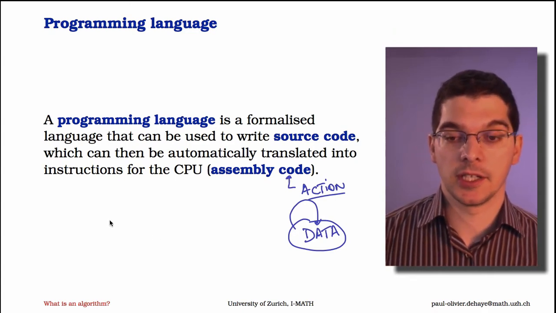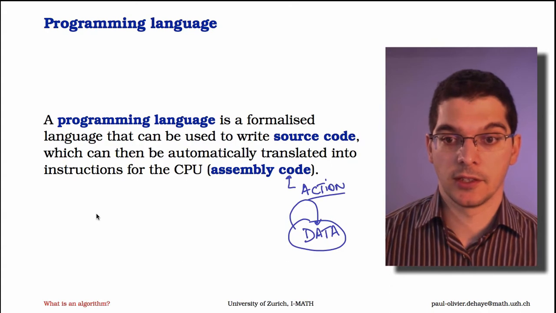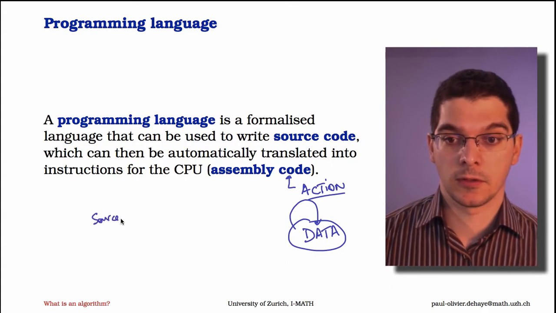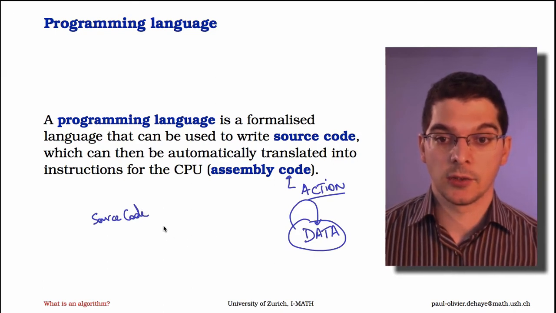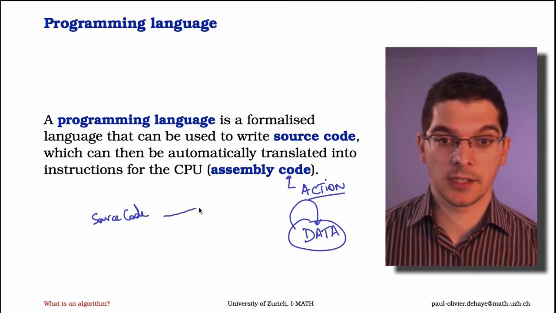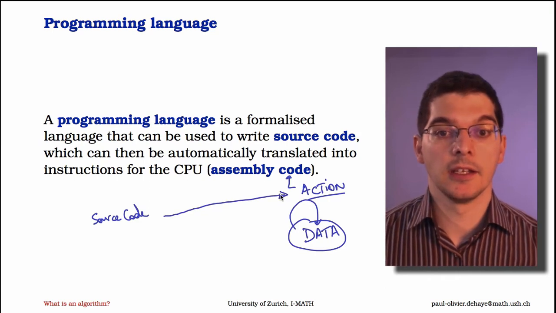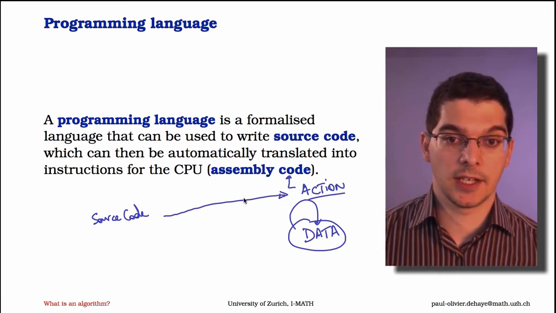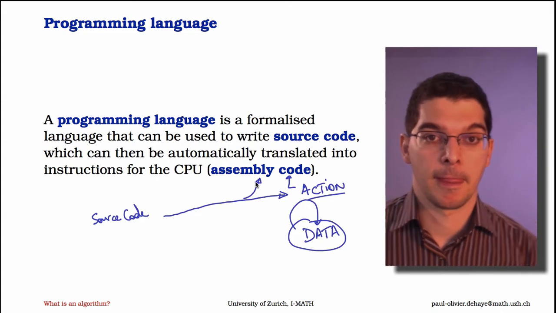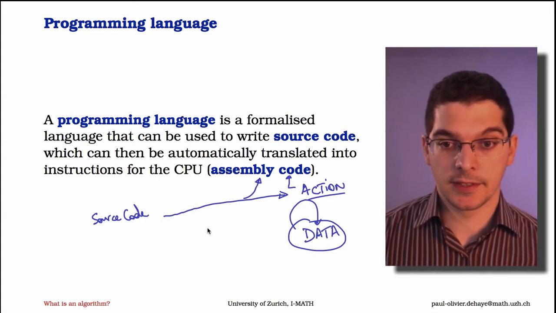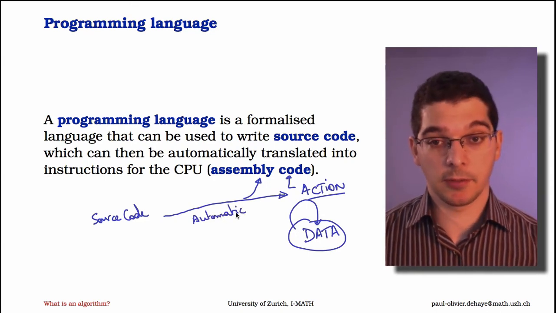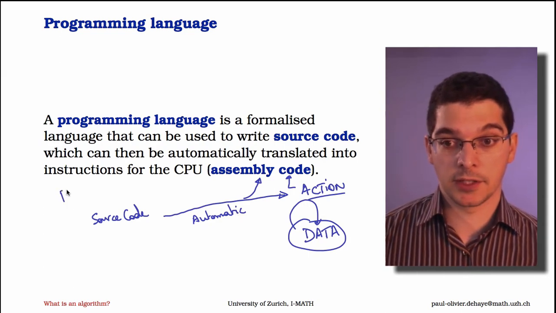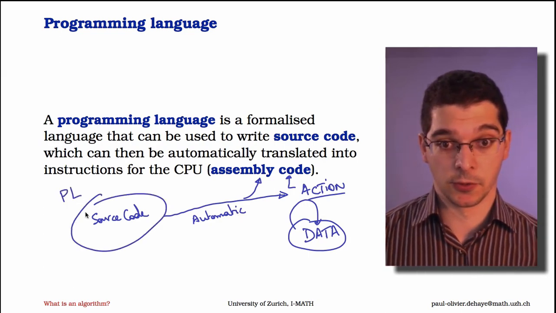Well, a programming language is a language that allows you to write source code, so text in this formalized language, so that this source code can be translated directly into actions on data, so into assembly code. Okay, so the point is that this translation here is automatic. It doesn't require human intervention anymore. So that's what a programming language is. It's the language that you'll write the source code in.